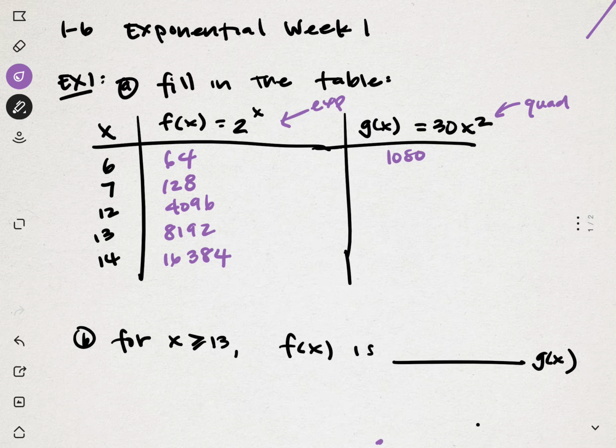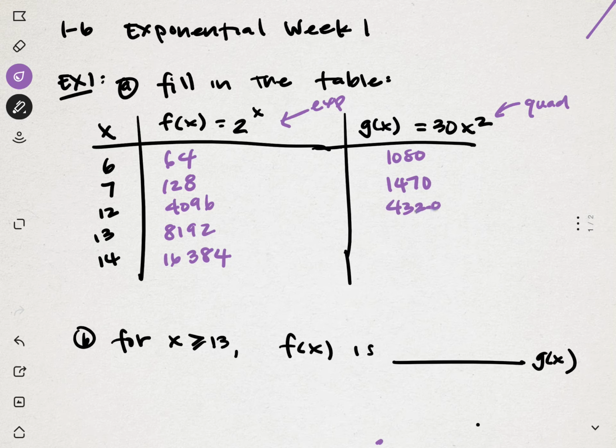Let's do the next one. So 30 times 7 squared is 1470. 30 times 12 squared is 4320. So still a little bit bigger than the exponential.